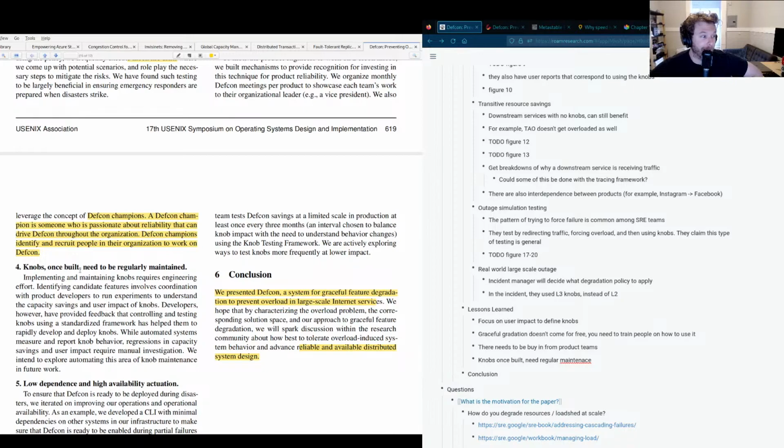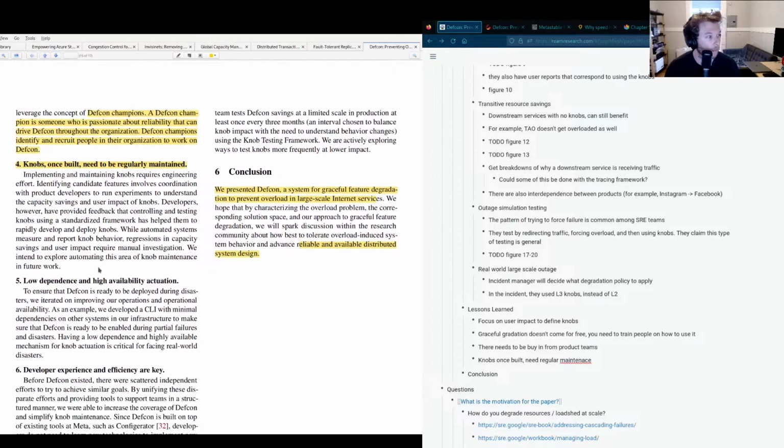Because otherwise you have a bunch of people manually changing knobs. Okay.